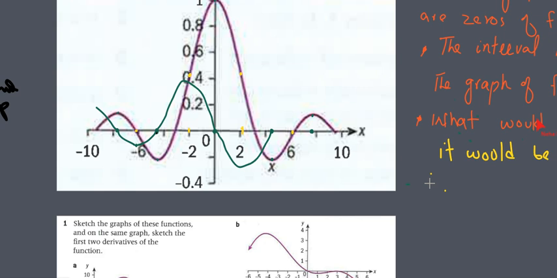Now from this to this, the function is increasing, so the slope would be positive, and the turning point will be at this point.